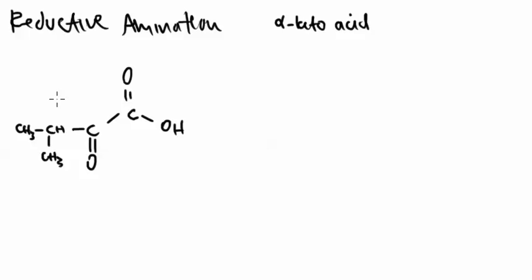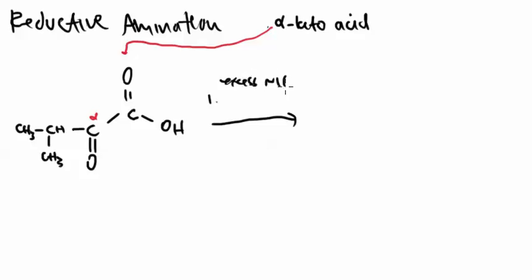So what reductive amination will do is take this alpha keto acid. Alpha carbon, keto is the ketone group, and acid is a carboxylic acid. And we are going to react it with a couple of reagents. Number one, excess ammonia again, just like we did in HVZ.